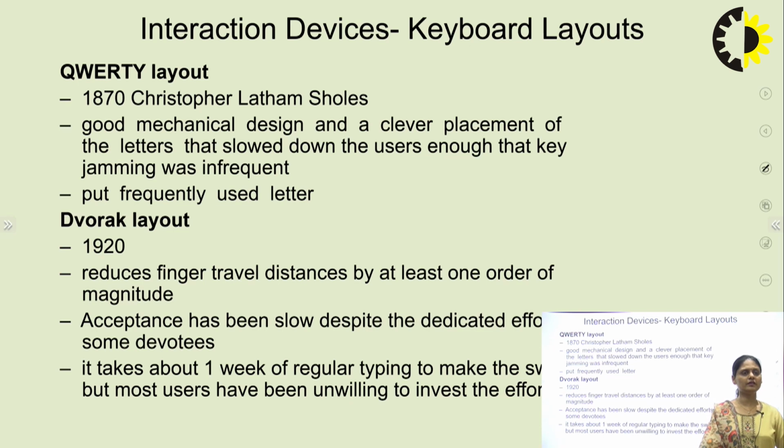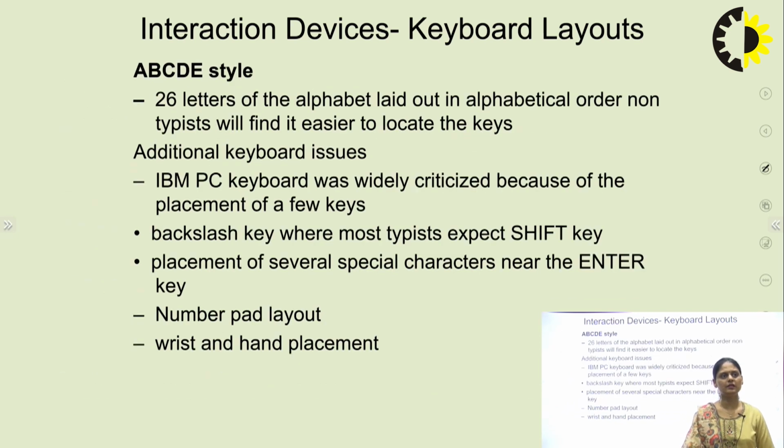Next is the interaction device. We know different kinds of keyboards are available in the market. Just like the QWERTY keyboard layout, there is the Dvorak layout, and ABCD style keyboards are there. We have even seen this kind of keyboard on mobile phones as well.